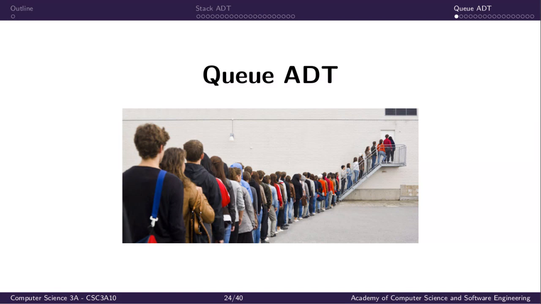However, the stack only allowed us to remove and insert at the top of our stack, so it was more restrictive than our list. And we'll see that the queue is quite similar. It also only allows us to add in at one point and remove at the other point. And so, again, it's a collection of elements that has this linear order, but it isn't as general as our list. So why do we have it?